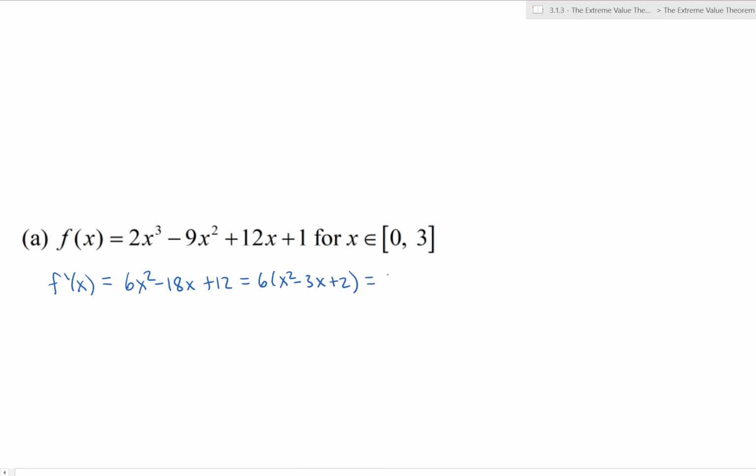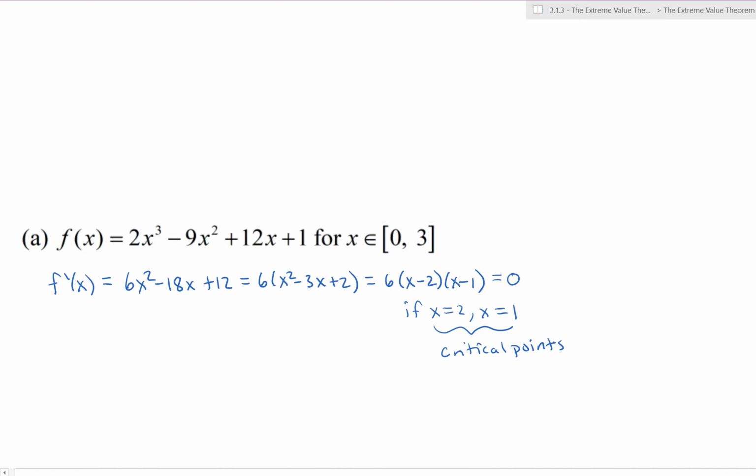And even furthermore, this is 6 times x minus 2 times x minus 1. And because this function is a polynomial, it's nice and smooth, and hence the derivative is never undefined. In fact, the function's derivative here is 0 if x is 2 or x is 1. So these are our critical points of this function.